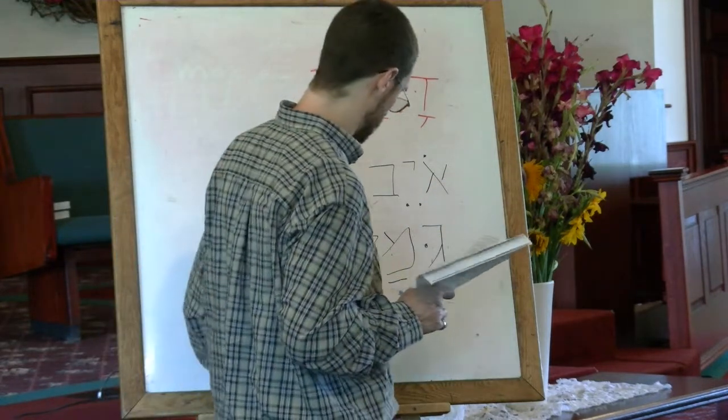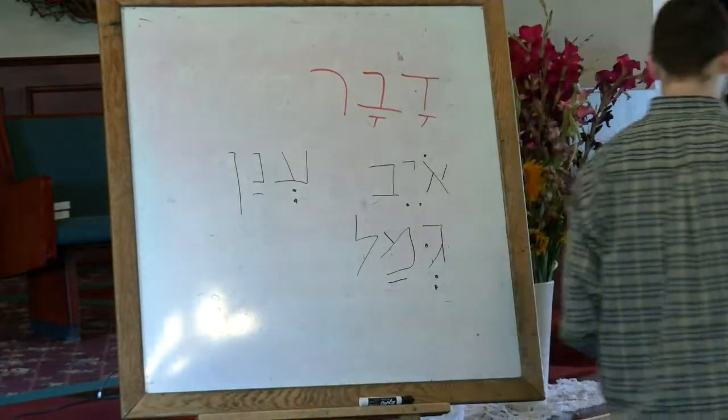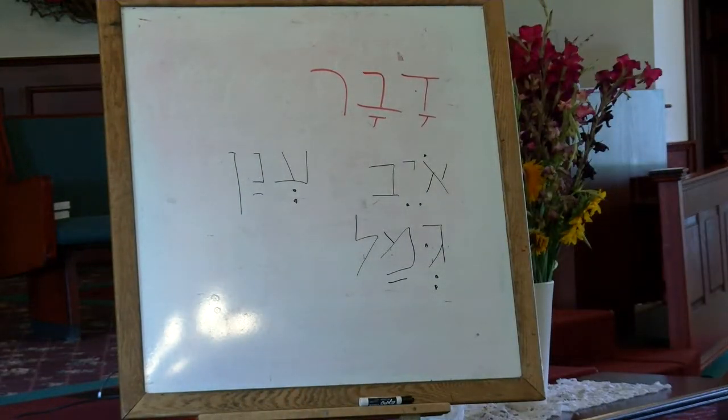It's kind of nice. All right. What do you think, Lydia? Do you like his camel and his cloud? Gamal becomes gamal, and anan becomes anan.